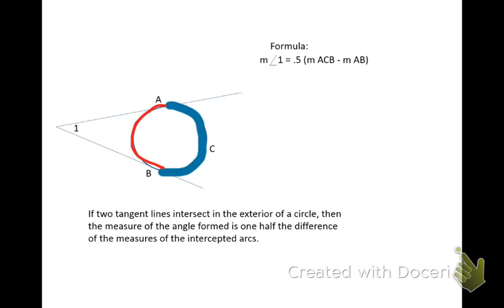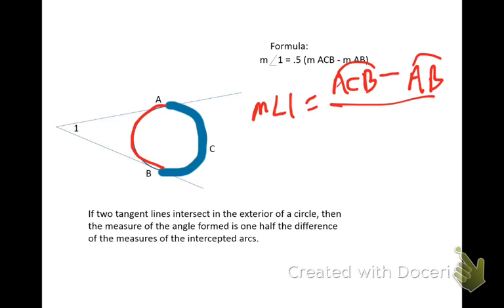So I'm going to subtract. The measure of angle 1 equals arc ACB minus arc AB divided by 2.